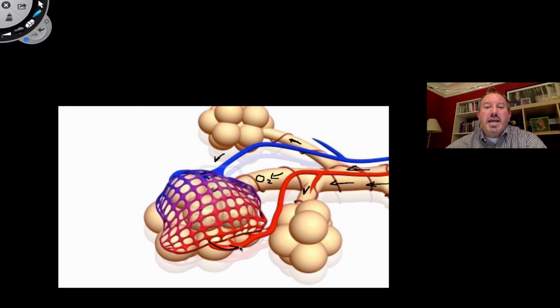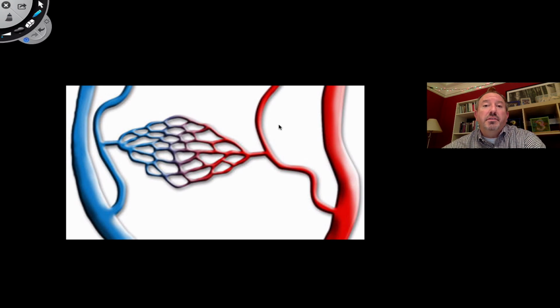When it heads back toward the heart, it's going to be in a vein. So this is a capillary and then venule, and then over here it is in a vein, and it's going to head all the way back to the left atrium. So pretty cool.